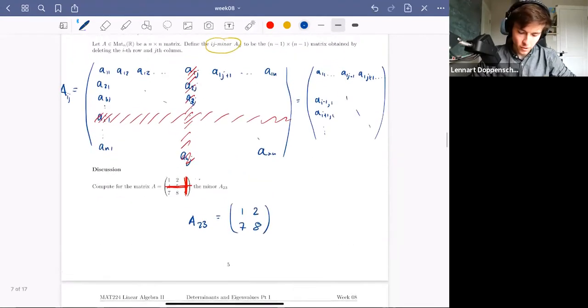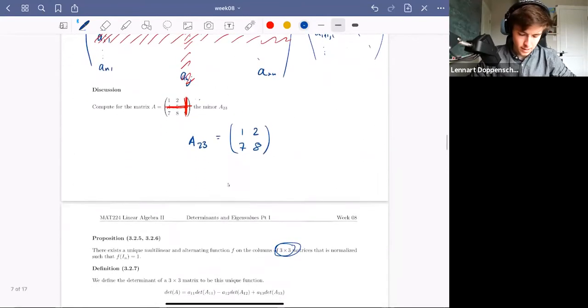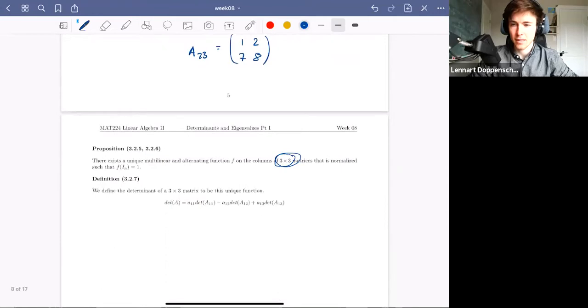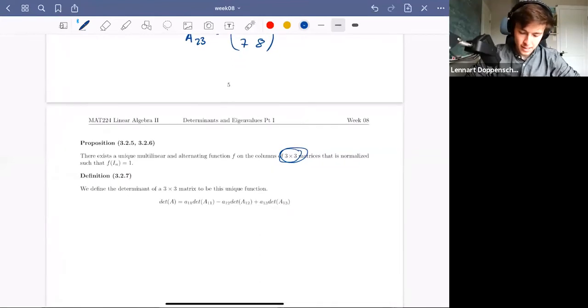Okay, so with this notation in mind, let us look at Proposition 3.25 from the book. As I said, the book has a different approach to determinants. It's longer, and somewhat more abstract and more mathematically precise. It's more elegant, maybe. What we're doing is not imprecise. So the book says that among all the functions that we can apply to 3 vectors, there's only one single function that satisfies all the things on our wish list.